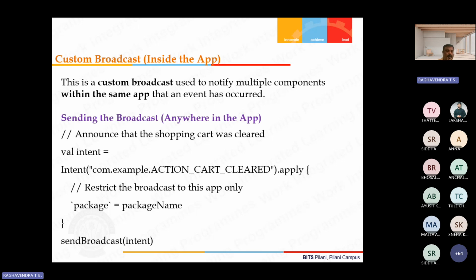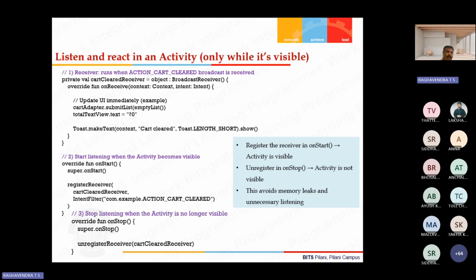So val intent is equal to Intent of com.example.action.CART_CLEARED, dot apply. Restrict the broadcast to this application, so set package equal to package name. Listen and react in the activity.